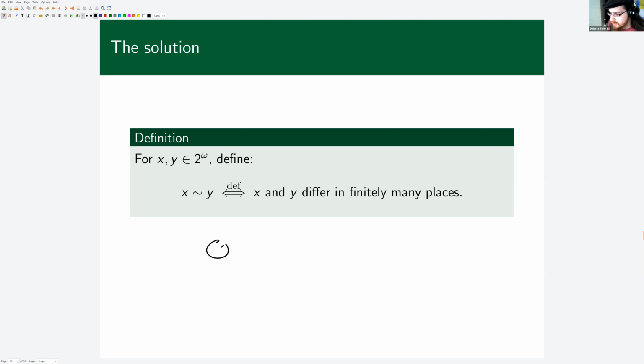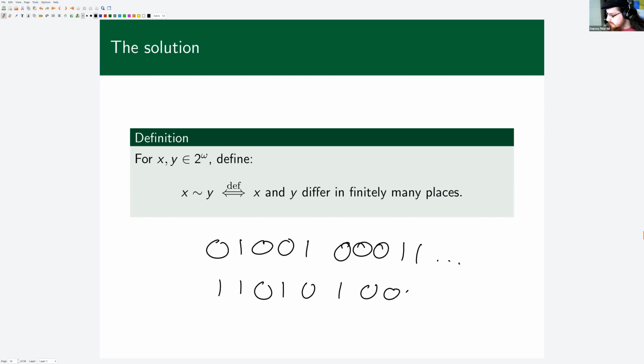Okay, so for example, 0, 1, 0, 0, 1, 0, 0, 0, 1, 1, ... and 1, 1, 0, 1, 0, 1, 0, 0, 1, 1, ... If you assume that these are completely the same from then on, then these 2 sequences are related, right? Then x and y are similar. Okay.